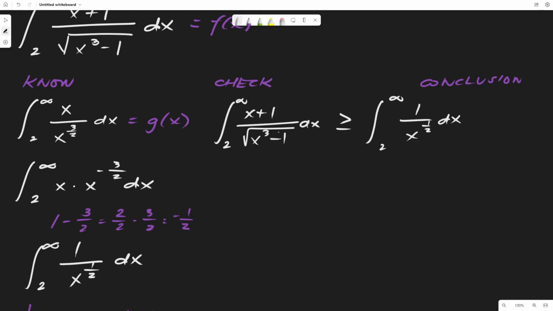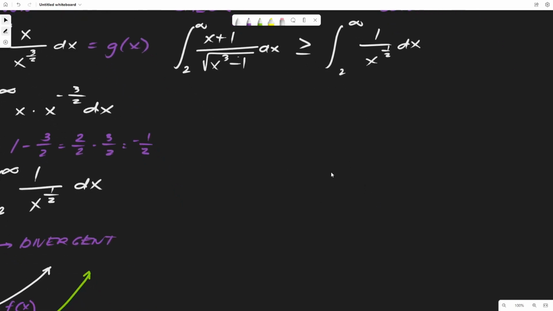Then I will take just the integrands, since the integrands are what I will compare. We have (x + 1) over the square root of (x cubed minus 1) is greater than or equal to 1 over x raised to 1 half. So, what are our test points here? We will use our boundary, from 2 to infinity.